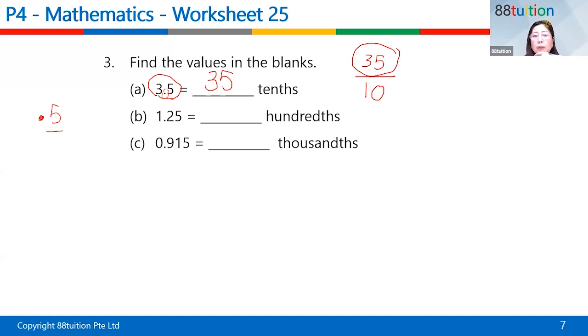Janelle, other than Janelle, the rest, can you try and give me the answer? Li Ling, you're correct for A. So can you try B now? Wen Xing, try B. It's never 5/10, okay? Because you are taking all the numerator. All the numbers on the top must be your answer.